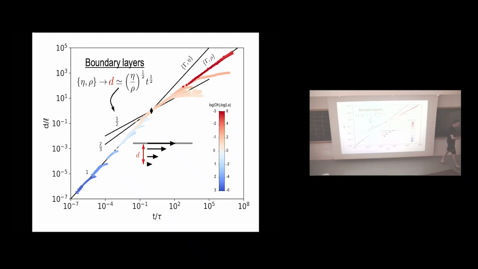So if you have a plate, for instance, and you start moving that plate at t equals 0, the fluid far away from that plate is not going to start moving instantaneously. It's going to take a while for this fluid to be set in motion. And if you measure the size of the layer of fluid that is moving after a given time t, this is going to be given by this equation.